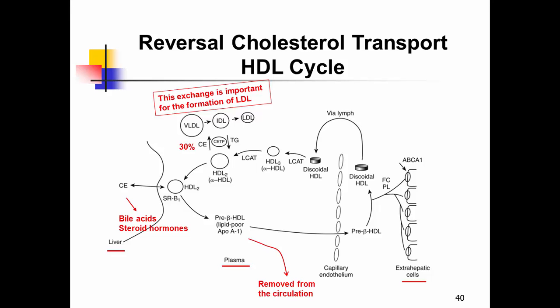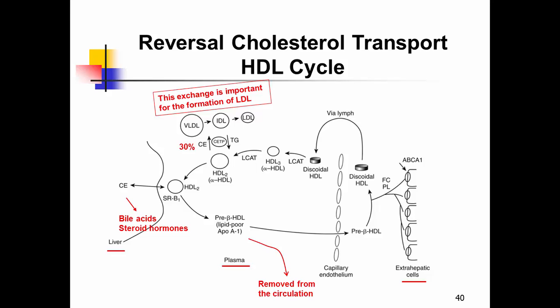So now I am going to show a diagram to summarize what I just described, the reverse cholesterol transport or HDL cycle. See how HDL transports cholesterol from peripheral tissue to the liver for disposal. Again, pre-beta HDL is the lipid-poor lipoprotein, initially synthesized in the liver and transported to the peripheral cells.